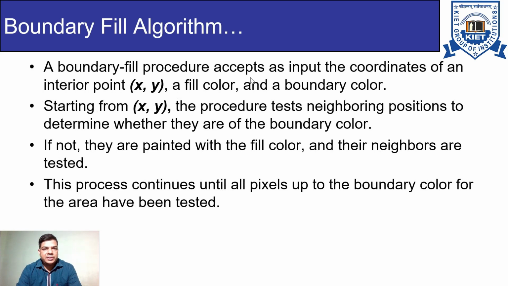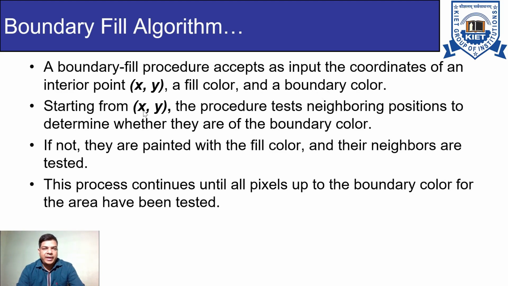A boundary fill procedure accepts as input the coordinates of an interior point (x, y), a fill color and a boundary color. So whenever you implement this algorithm, you have to provide three inputs. First is the interior point (x, y), then a fill color, that means the color with which you want to fill the object, and finally the boundary color, that means the color of the boundary of the object.